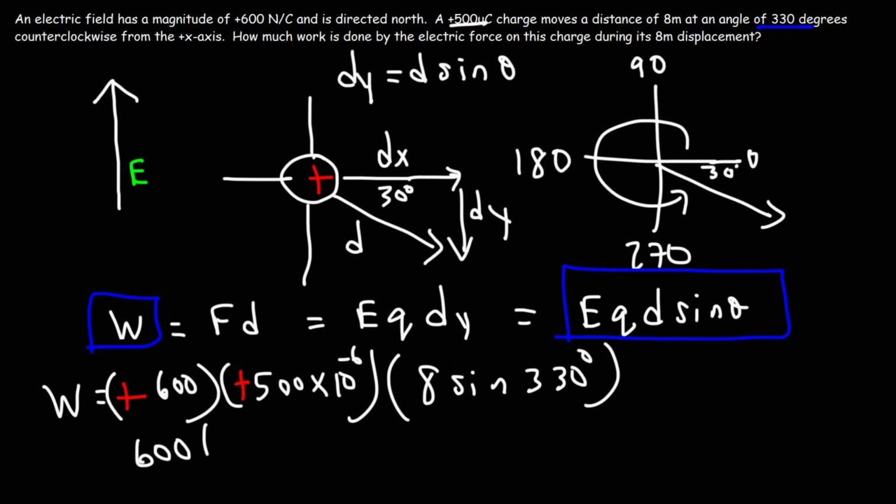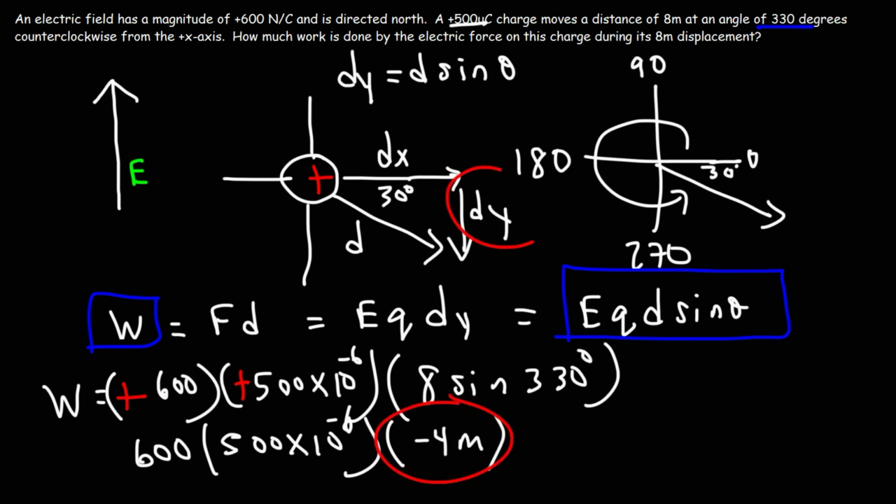So it's 600 times 500 times 10 to the negative 6. Sine 330 is negative 1/2 times 8, that's negative 4. So we can see that dy is negative, therefore W, the work done, is going to be negative.